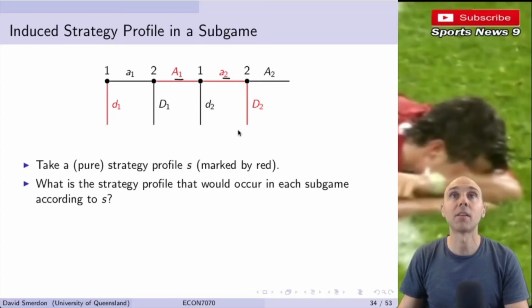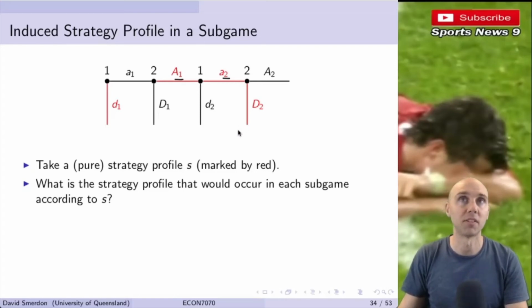So let's imagine that we've got some strategy profile, which is the red one here. So it must specify what player 1 does at all of his decision nodes, and it must specify what player 2 does at all of her decision nodes. So here, player 1 is playing down in the first choice and across in the second. Player 2 is playing across in the first choice and down in player 2's second choice.